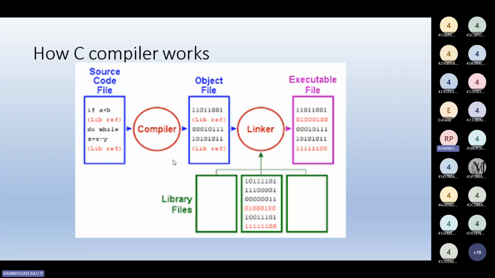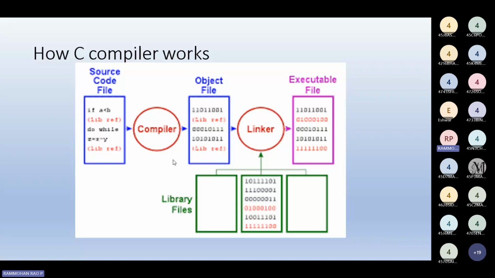So I can't write commands or instructions using ones and zeros. So we prefer using high level languages. So the code which I wrote is called source code. This source code can't be directly understood by the computer, means processor can't understand your C program as it is.